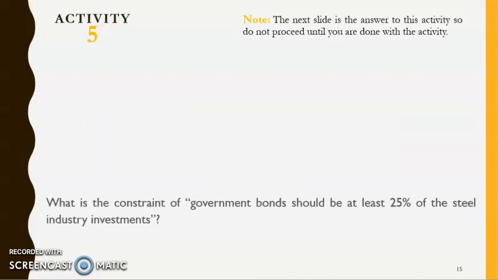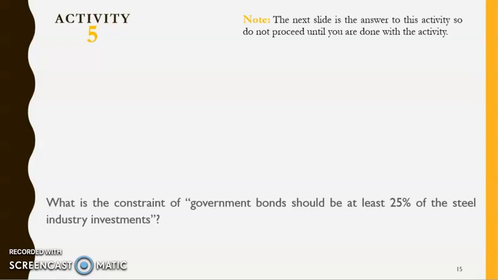Okay, let's go for the next constraint. What is the constraint of government bond? Government bonds should be at least 25% of the steel industry investments. You had a similar constraint before, my friend, but not in the financial planning case.